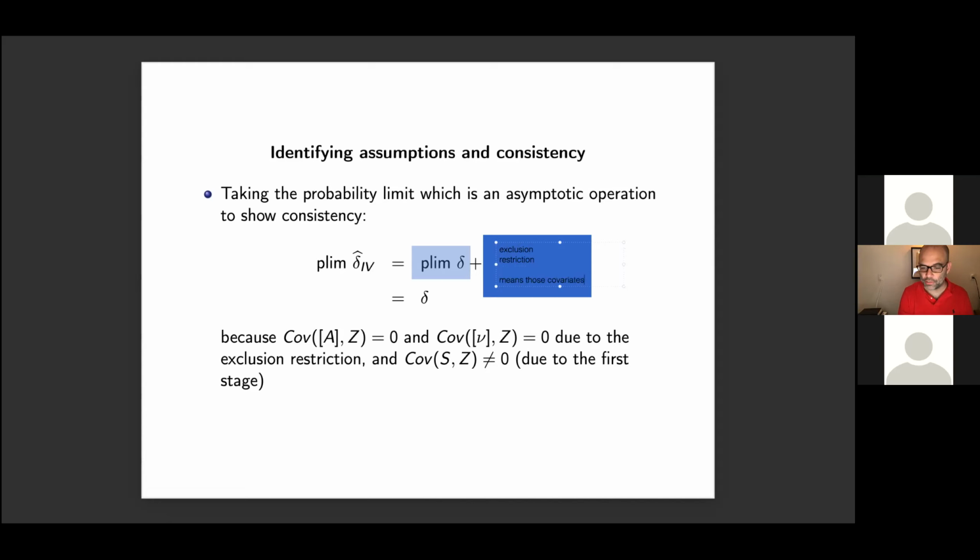It means those covariances are zeros. And this is called the first stage. So we need, for delta IV to be a consistent estimate of delta, the exclusion restriction and a non-zero first stage, or strong first stage.